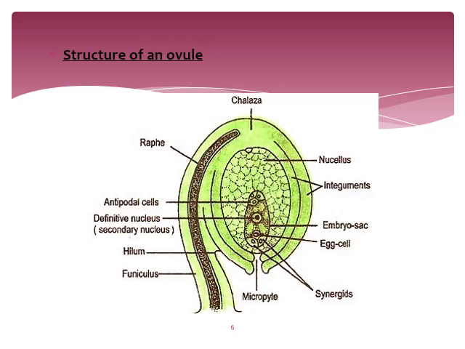Here I have a diagram that is showing all parts of the ovule. Here you can observe the main central region or central tissue, which is nucellus, and it is surrounded by two integuments.